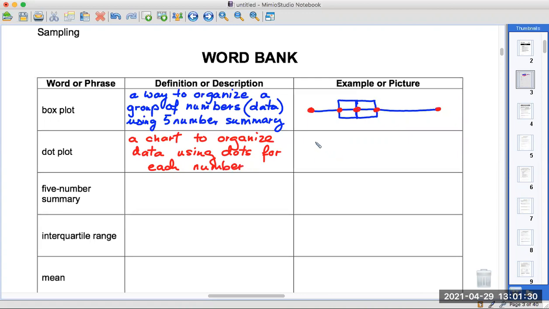The way it looks, it's like a little open rectangle, and then you have a number line here, and then you put a dot on top for how many times that number occurs. It's kind of like that.